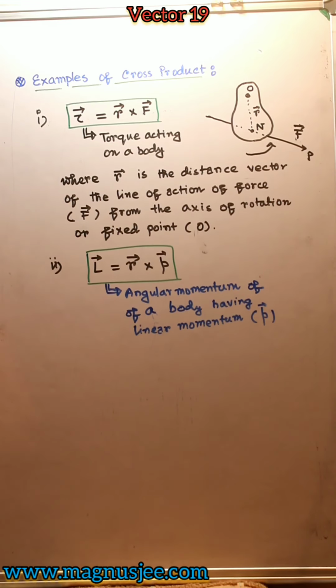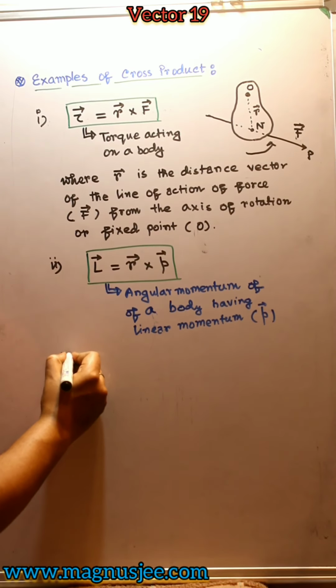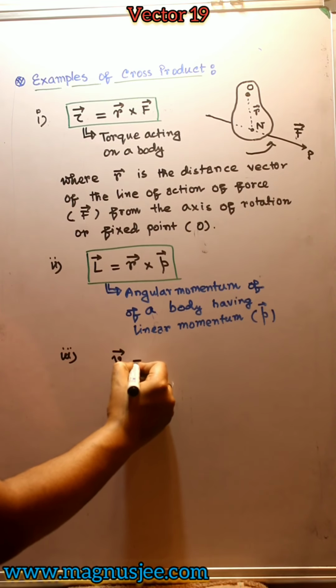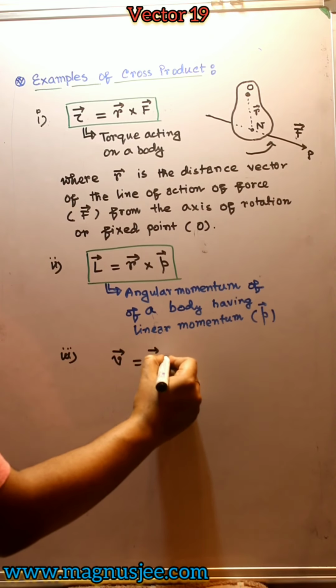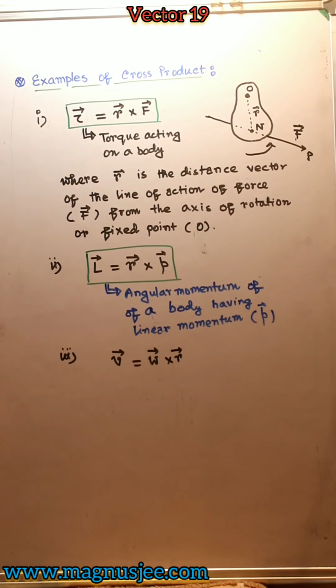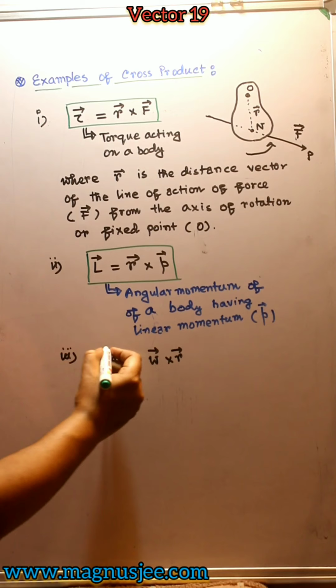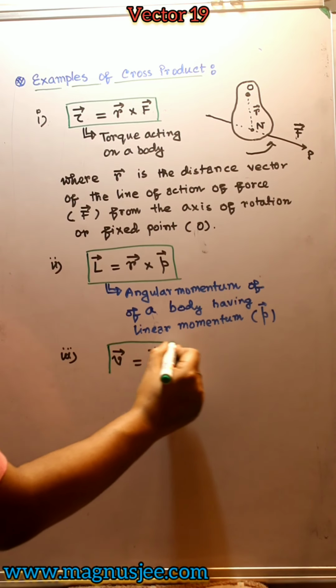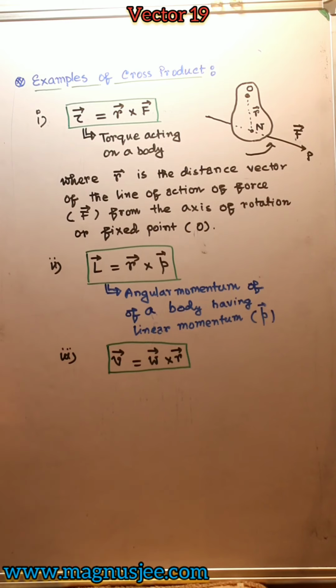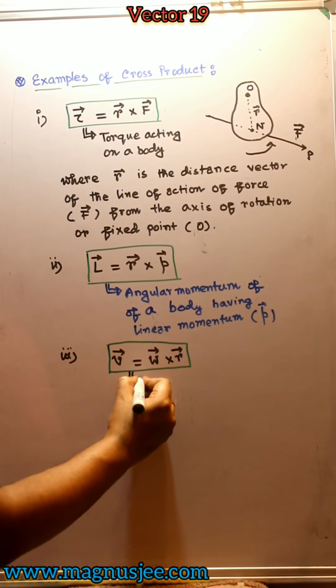where vector r is the distance of the line of action of linear momentum from the fixed point. Then vector v equal vector omega cross vector r.